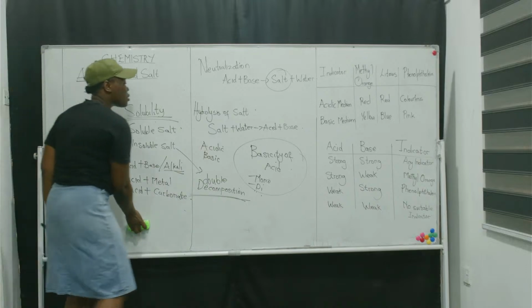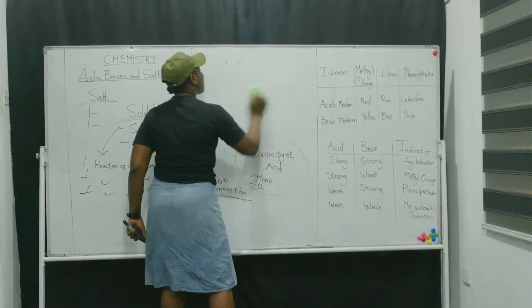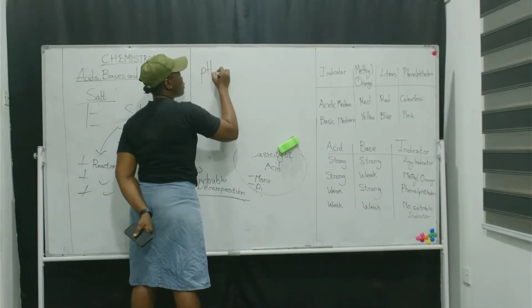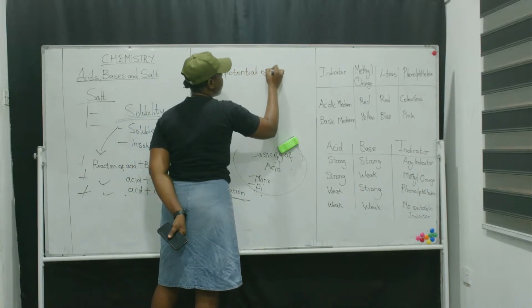And in the last class, we talked about pH, which I said is potential of hydrogen.